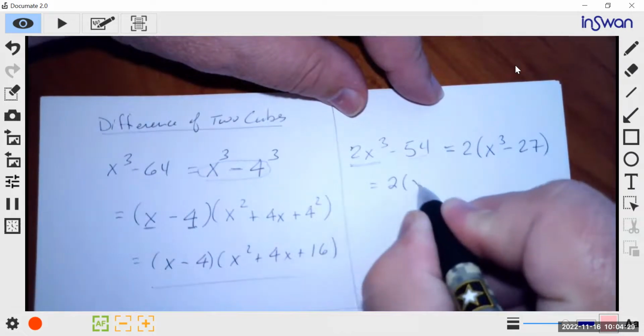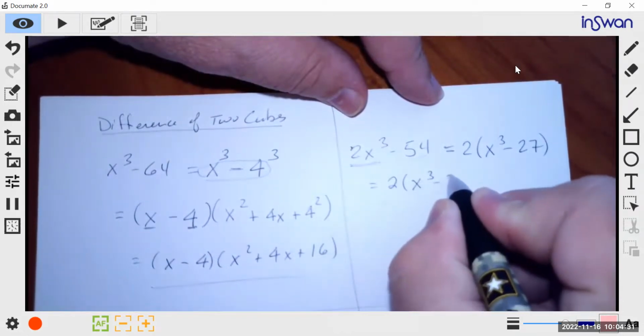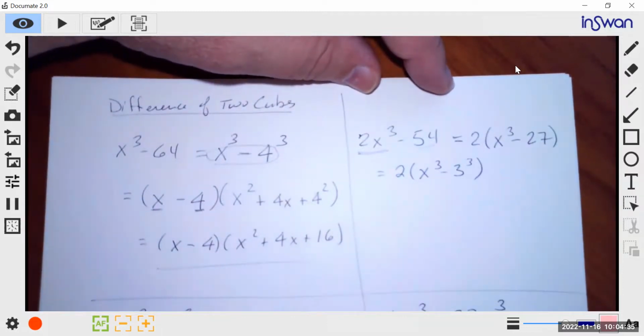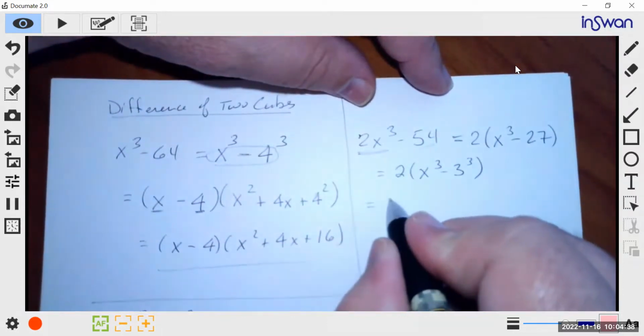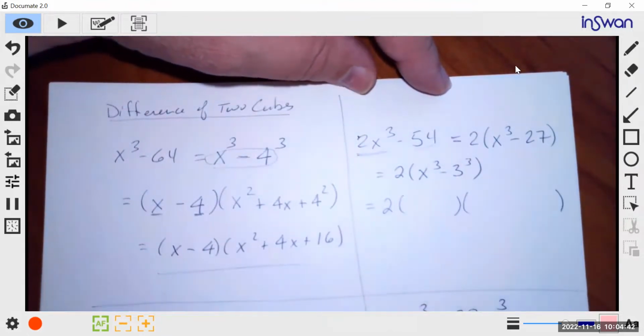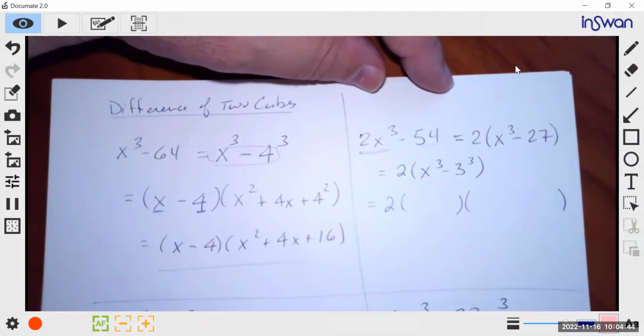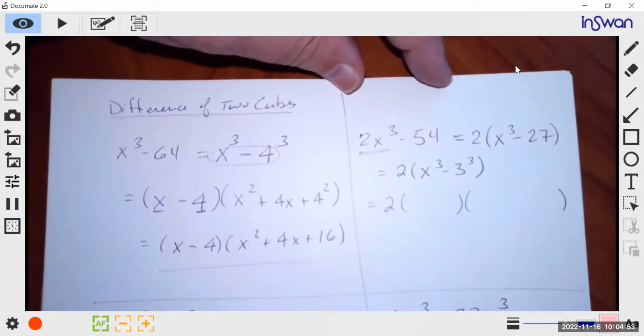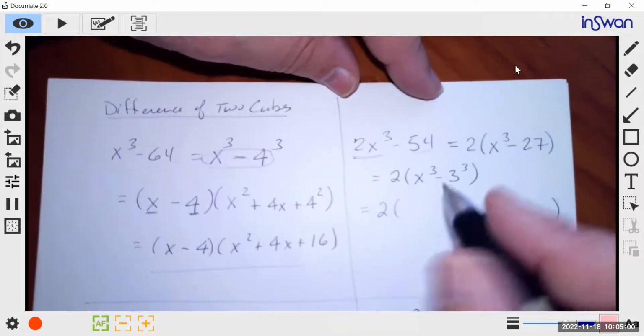And 27 is made up of 3 times 3 times 3. So what goes in the first parenthesis? x minus 3.